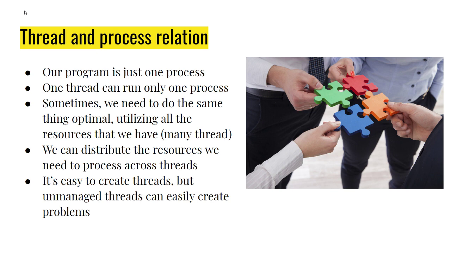So what is a thread and what is a process and where do threads come from? Basically, one thread can run one process at a time. So sometimes we might want to do the same thing in parallel so that all the threads that we have are utilized.